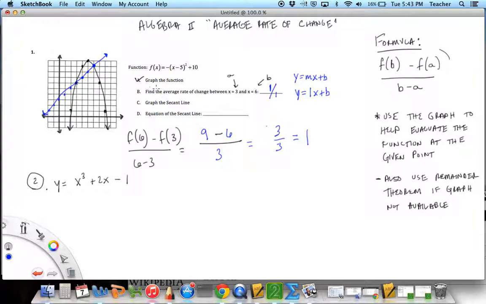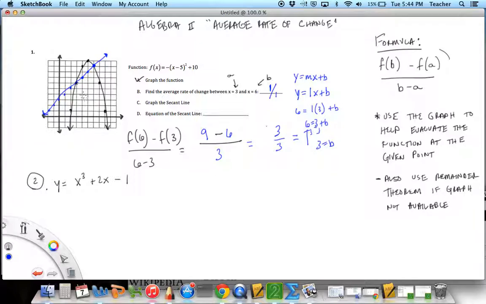3, 6 is on the line. And so I plug in 6 for y and 3 for x. So I get 6 equals 3 plus b, and then I subtract 3, so I get 3 equals b.